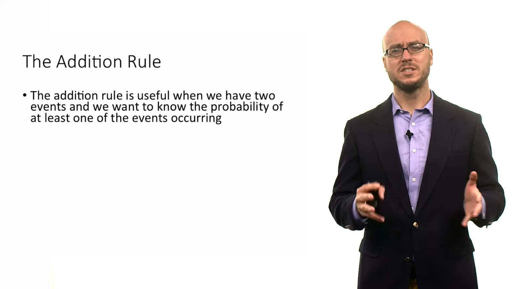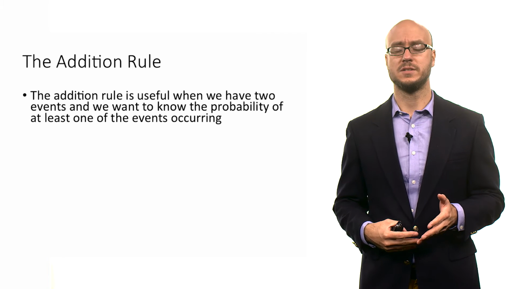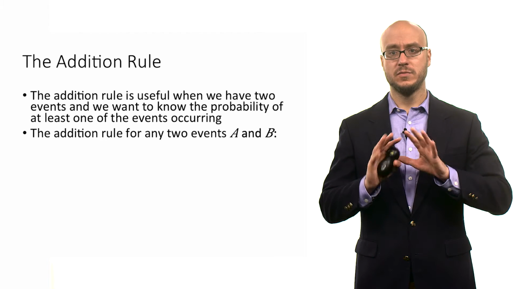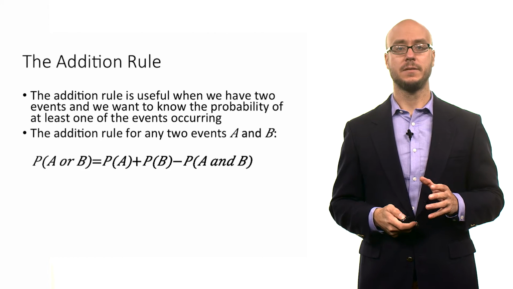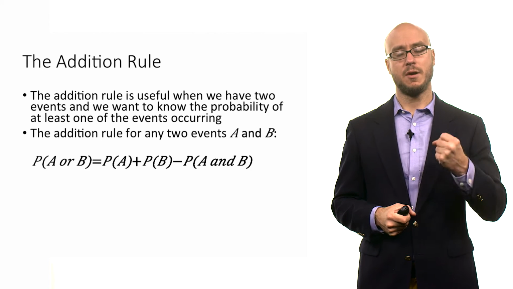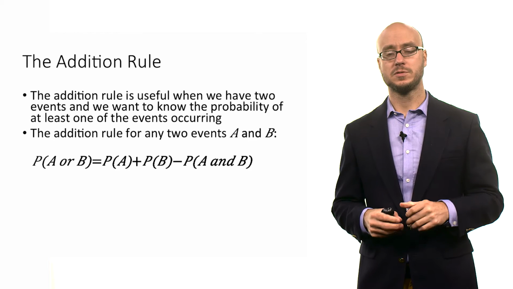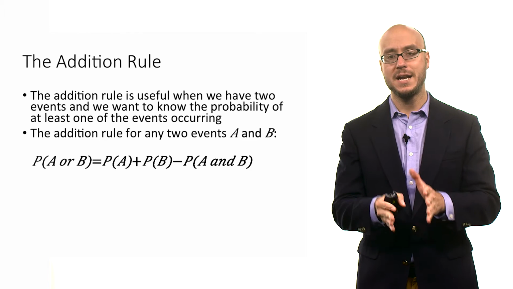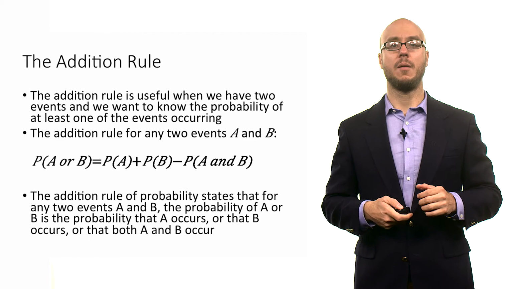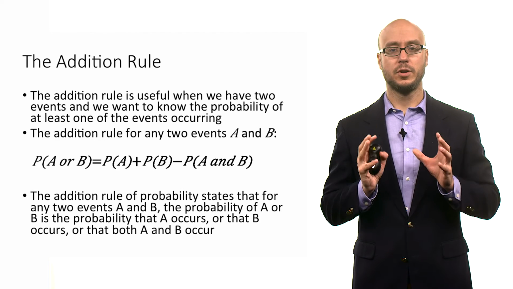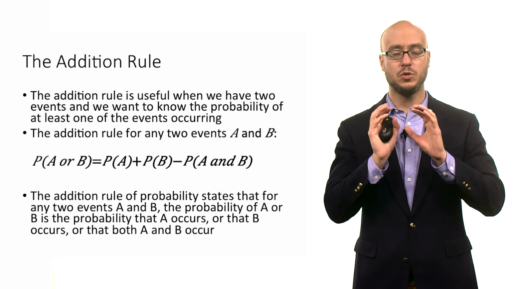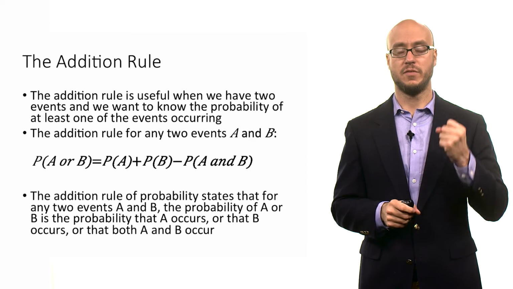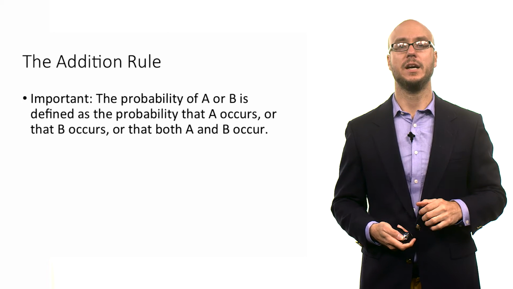Let's think of these two events as A and B. The addition rule says the probability of A or B equals the probability of A plus the probability of B minus their joint probability. To put it another way, you subtract out the joint probability from the simple addition of the probability of A and the probability of B.